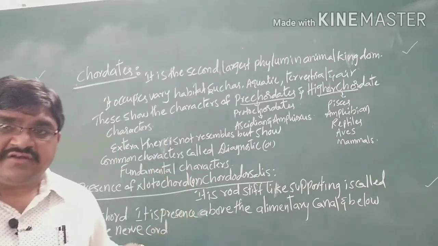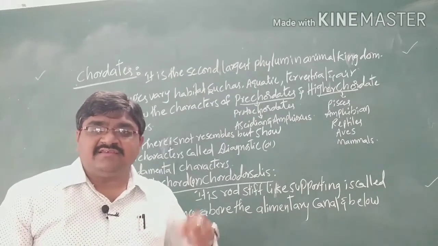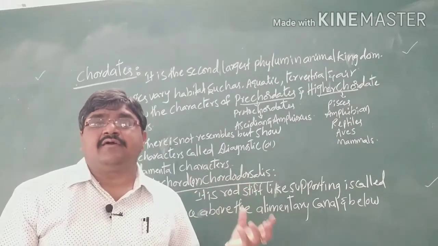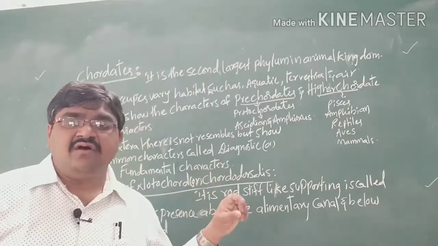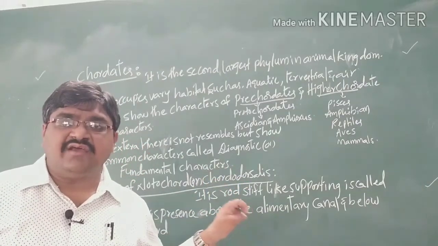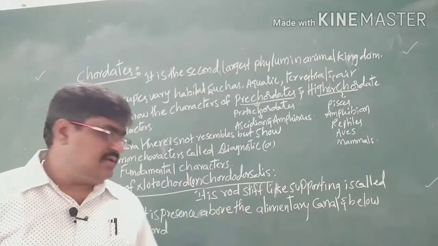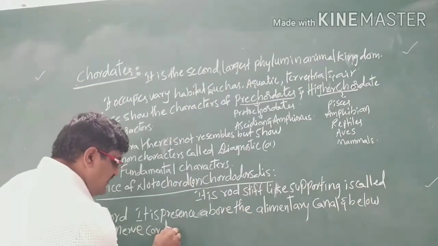In vertebrates, that notochord is replaced by the vertebral column. It is present at some stage of the life history, that is, in the embryonic stage.